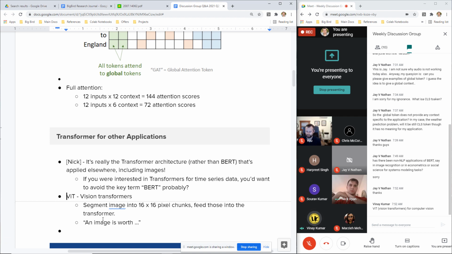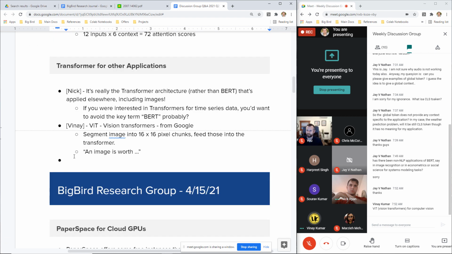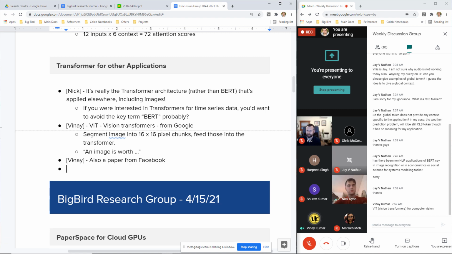But there hasn't been much comparison with, let's say, ResNet-based architectures, which are pretty good for vision tasks. Yeah, there hasn't been much comparison, but it seems like the vision transformer is the new BERT for vision tasks.